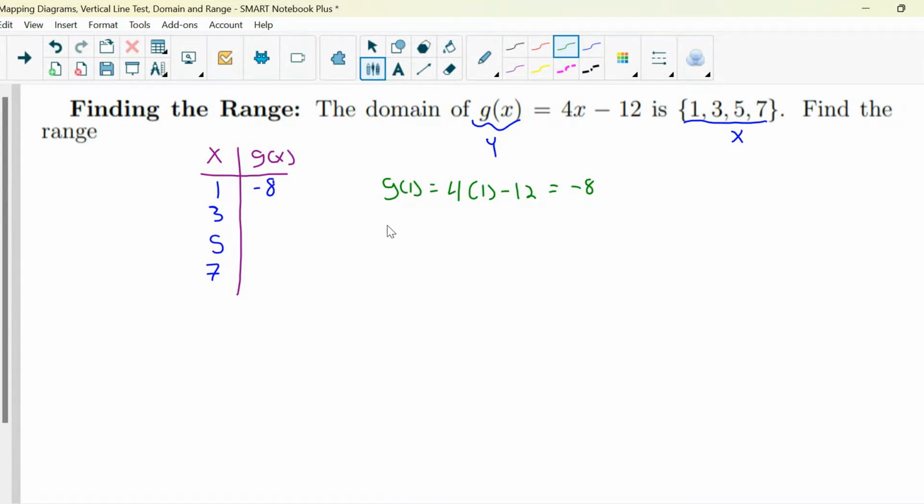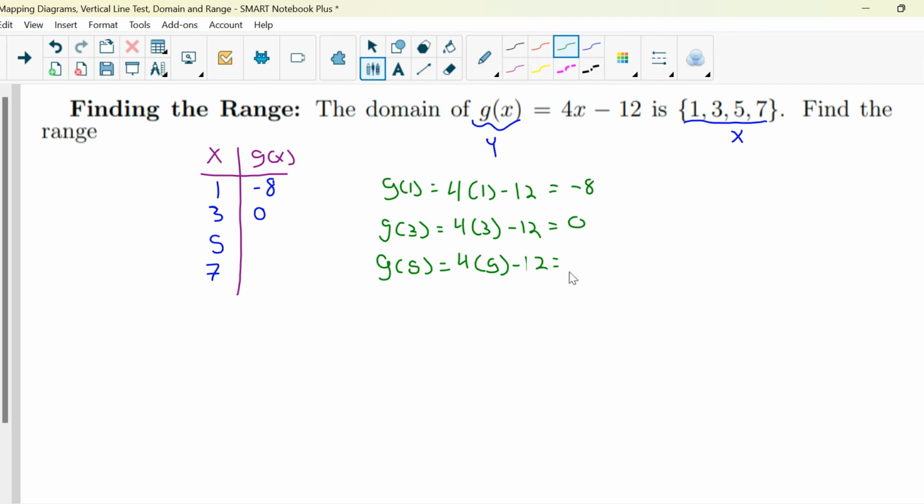We'll repeat this process. So we've got g of 3 equals 4 times 3 minus 12. 4 times 3 is 12. 12 minus 12 gives me 0. So 0 is my output value. Next we have g of 5. That would be 4 times 5 minus 12. 4 times 5 is 20.